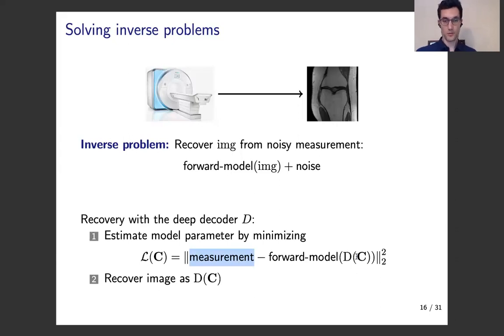So we optimize over the parameters of the network such that the image that the network gives coincides more or less with the measurements that we actually observe. And then we recover our image as what this network generates. If you have an image model, any image model, then we can solve an inverse problem like that. The l1 minimization is again very similar, because in that case we do exactly the same, but we minimize over the set of all sparse vectors in a way.